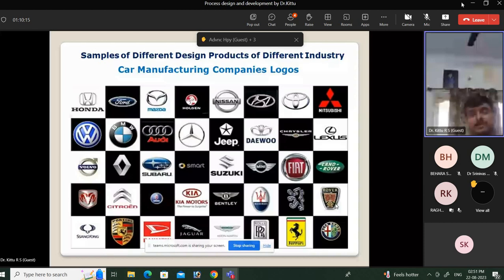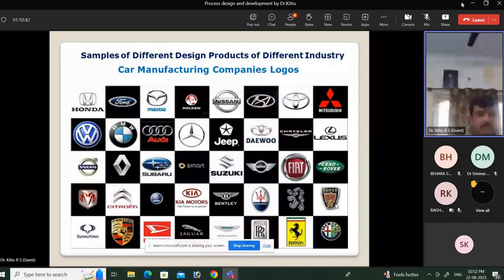You can observe that for the logo itself they put in so many different aspects of effort. So try to think about the products: what level of extension of innovation is required to develop the design of the product.